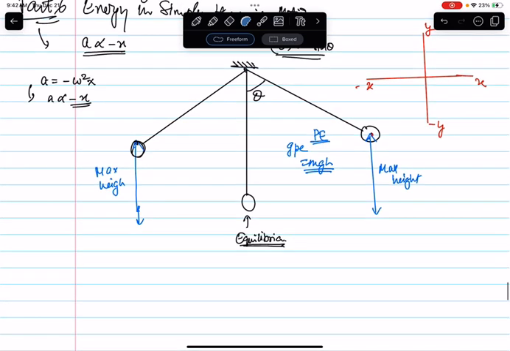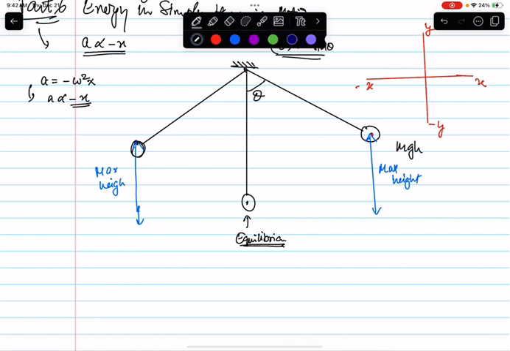So therefore, at the maximum height, you get potential energy that's being stored. And so this is mass times gravity times height. And then at the minimum height, all of that potential energy is getting converted to kinetic energy. So that's just 1/2 mv squared. So you get potential energy, and then that's converted into kinetic energy, okay?